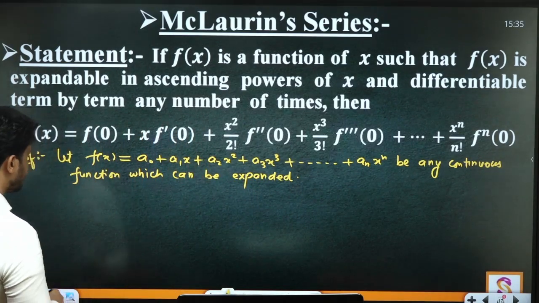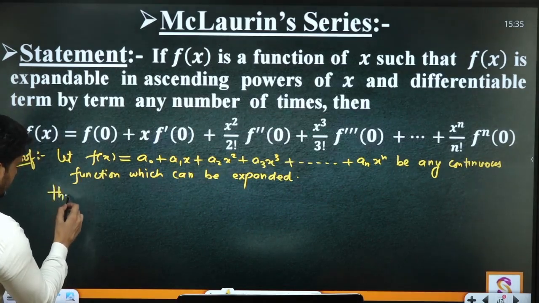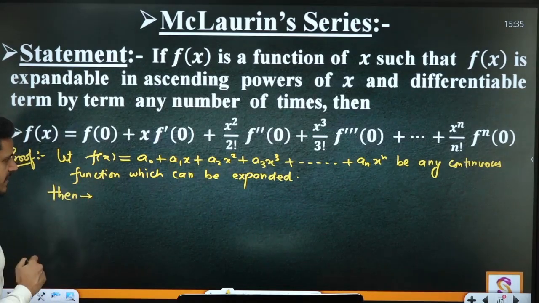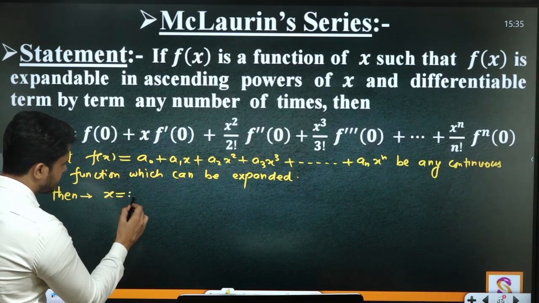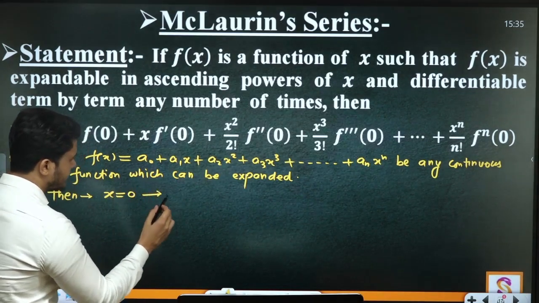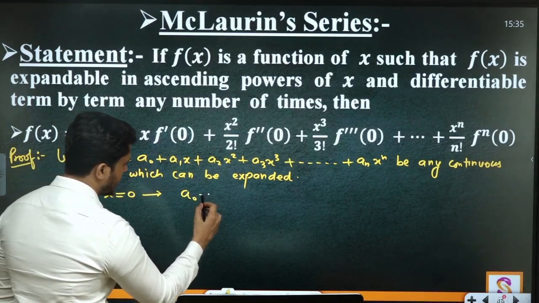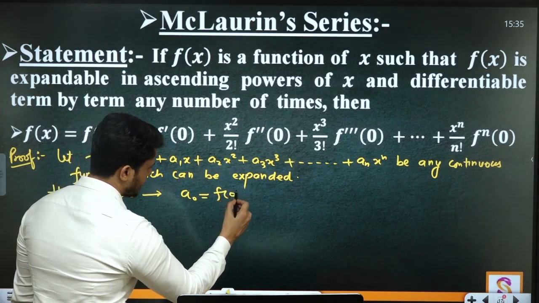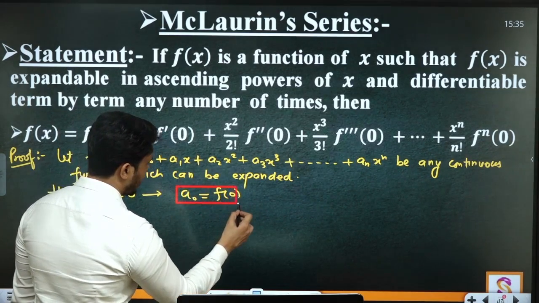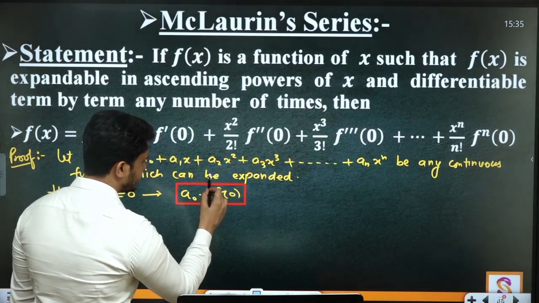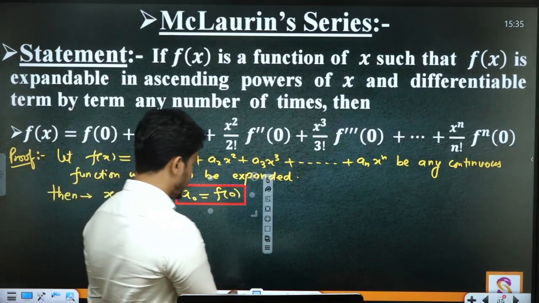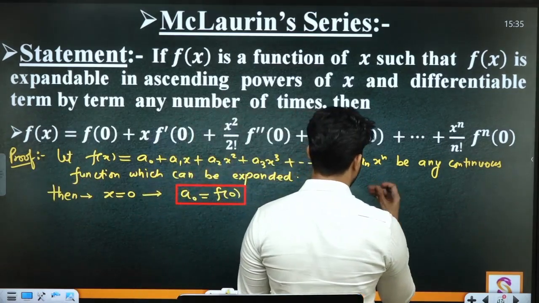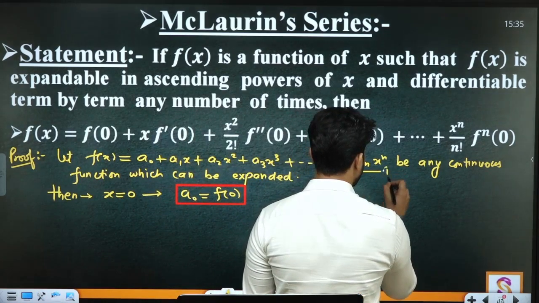Then, देखो बहुत सिंपल सी चीज है. If you put x equal to 0, then we get f(0) equal to a0, or a0 equal to f(0). The first value a0 equal to f(0). समझे आप? इसे आप इक्वेशन 1 कह दीजिए.